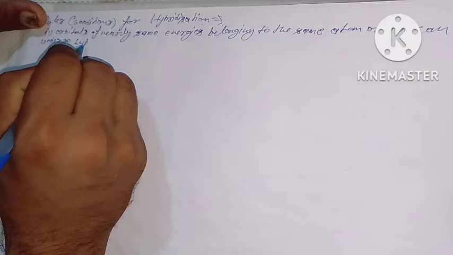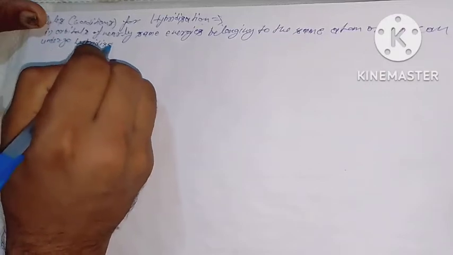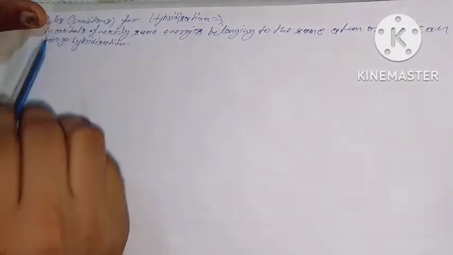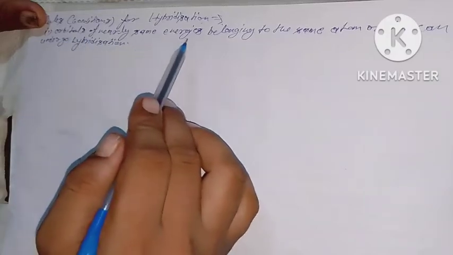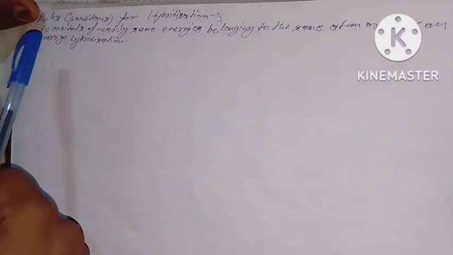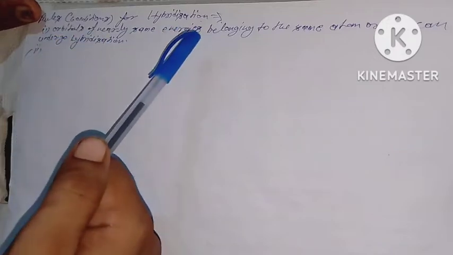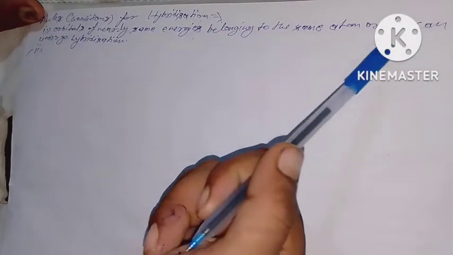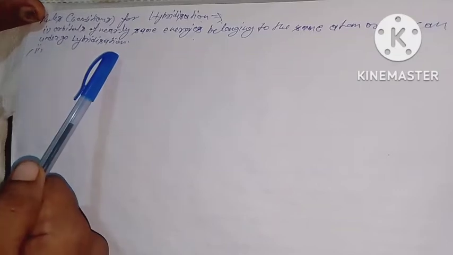Okay, first rule: orbitals of nearly the same energy belonging to the same atom or ion can undergo hybridization.